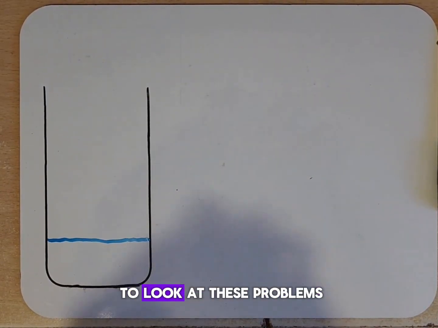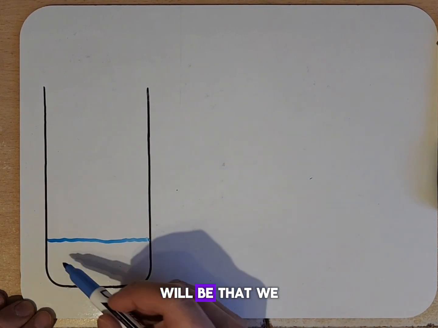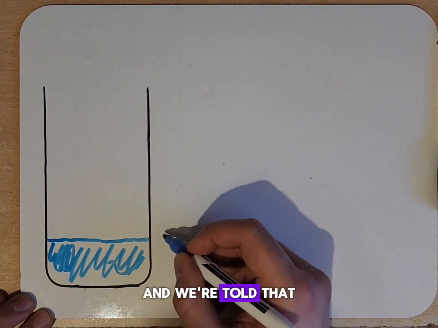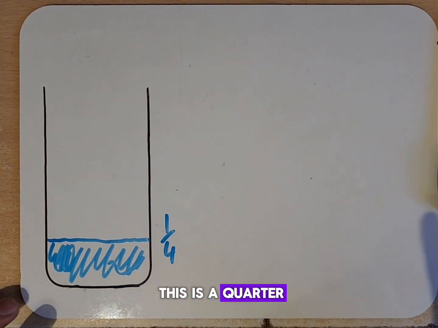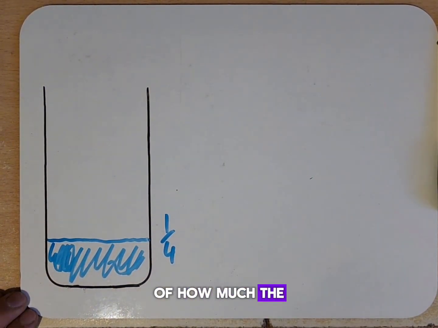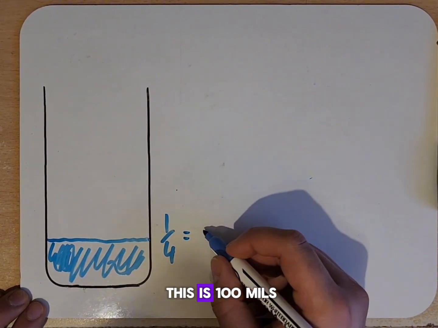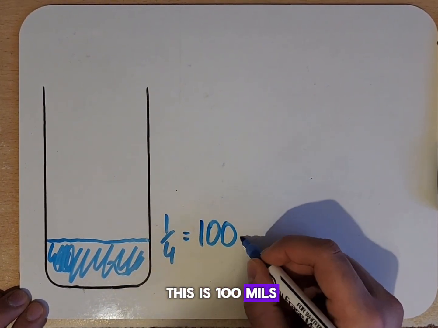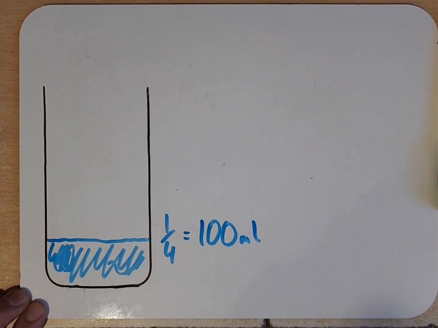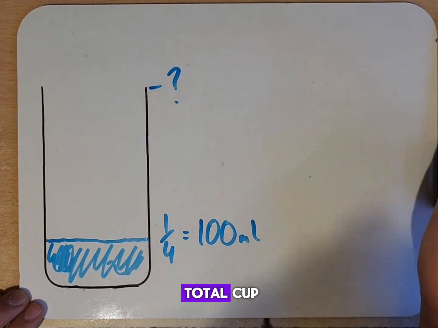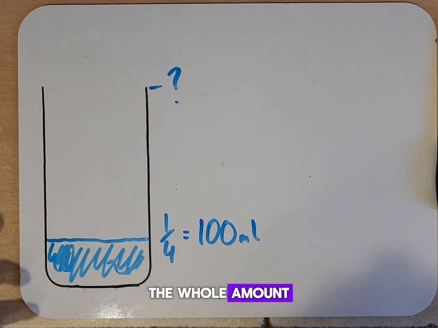Another way for us to look at these problems would be that we have some water in a cup, and we're told that this is a quarter of how much the cup can be filled, and we're told that this is 100 mils. Now the question becomes, how much is the total cup, the whole amount?